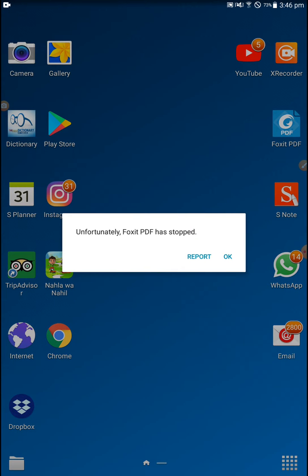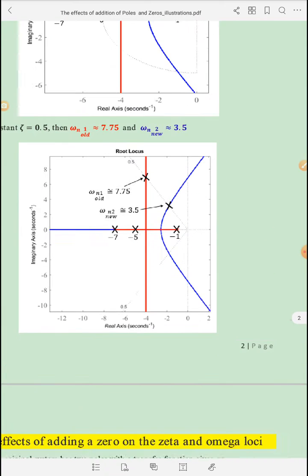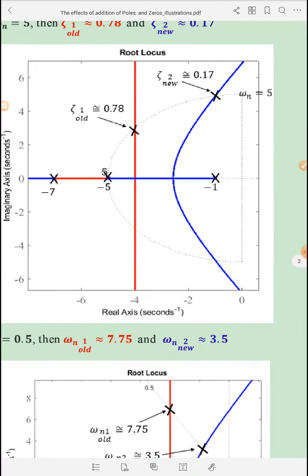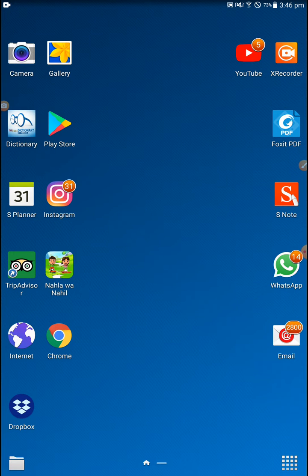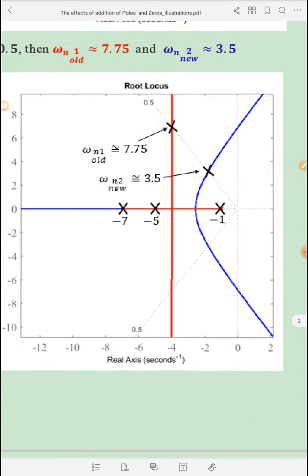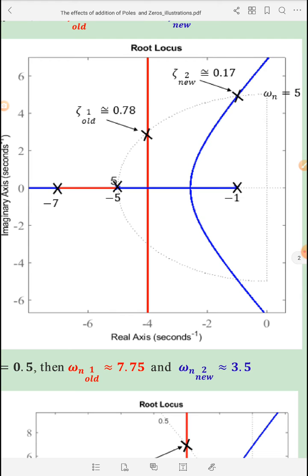So this is, as I have mentioned, the constant omega n loci, which is a circle.